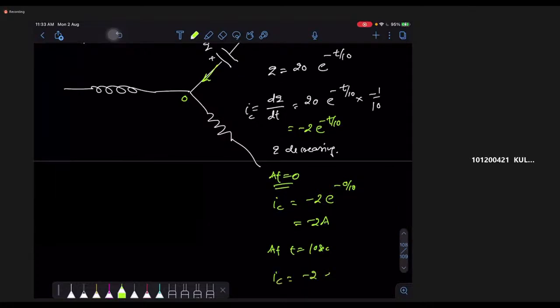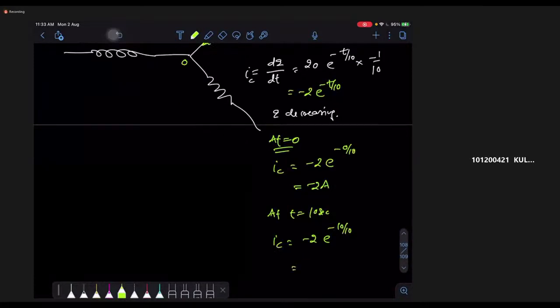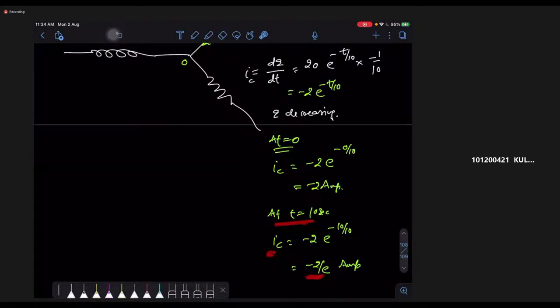It is minus 2 e raised to the power minus 1. So it's minus 2 by e amperes. So the current through the capacitor is minus 2 at the beginning of time. After 10 seconds, it's minus 2 by e.